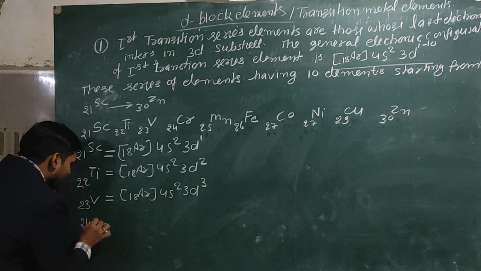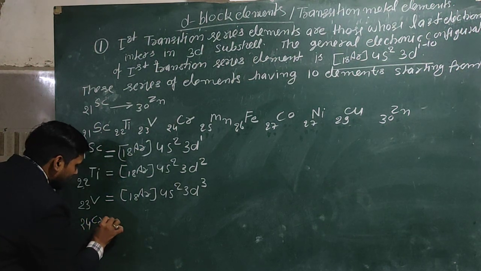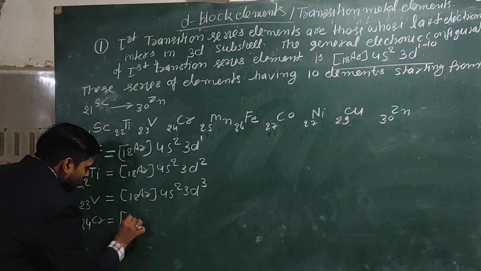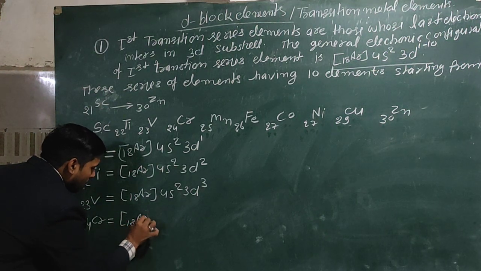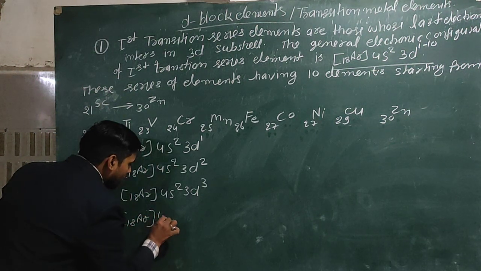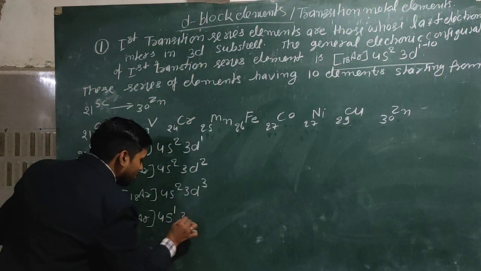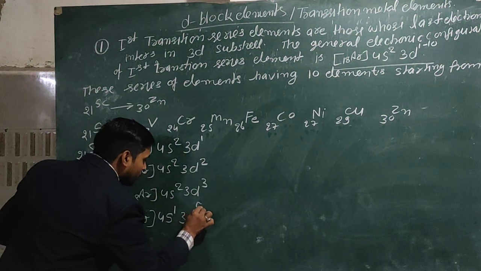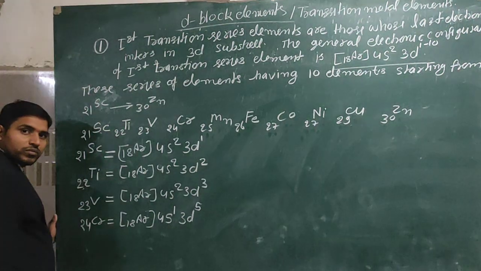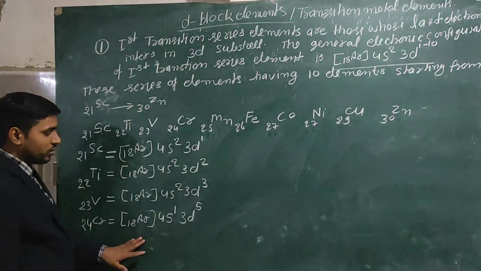24, chromium, [Ar]. Here 4s2 becomes 4s1 and 3d4 becomes 3d5 according to Hund's rule.